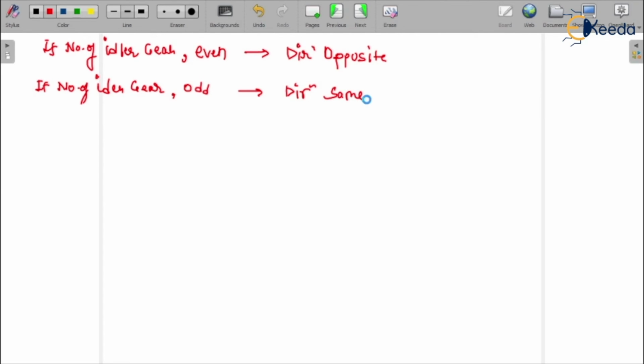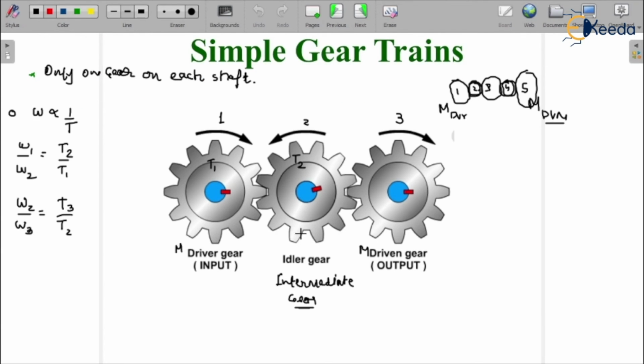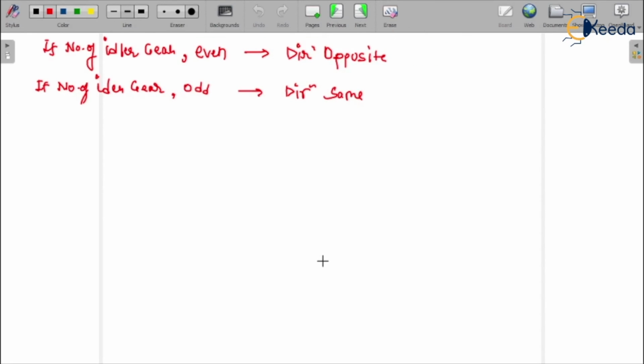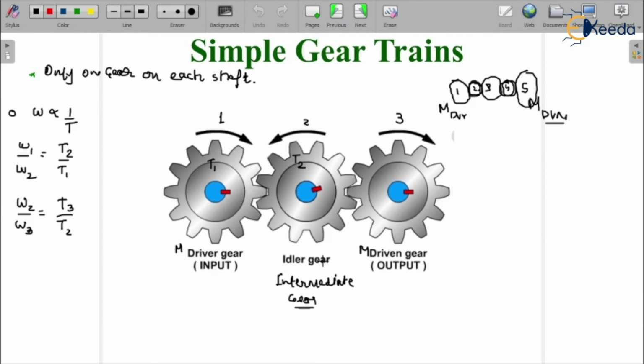See, in the example that we have considered in this diagram, there is only one idler gear. That means the idler gears are odd. Odd means 1, 3, 5, 7, like that. So the number of idler gears here is 1, which means the direction will be the same.